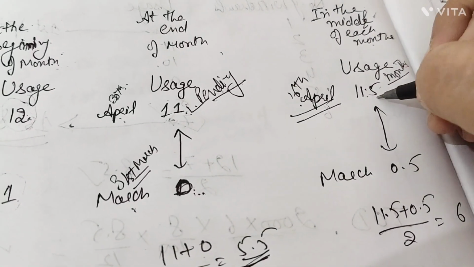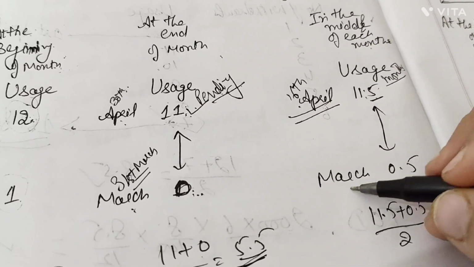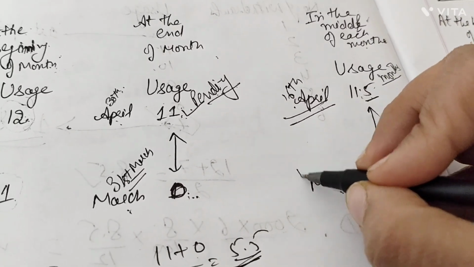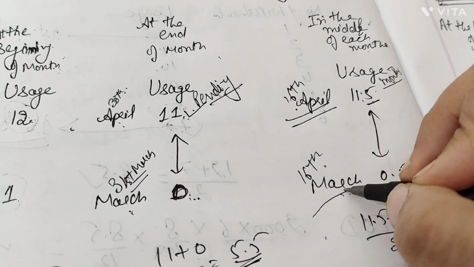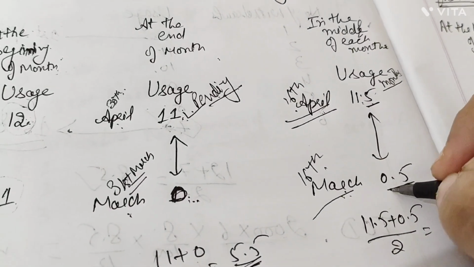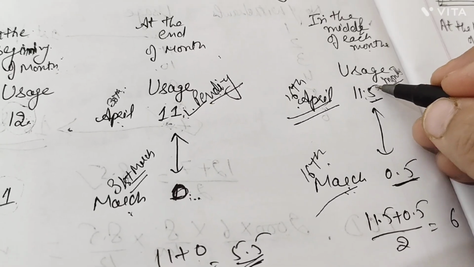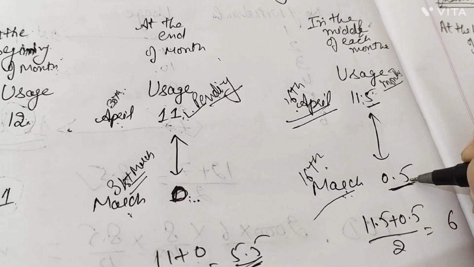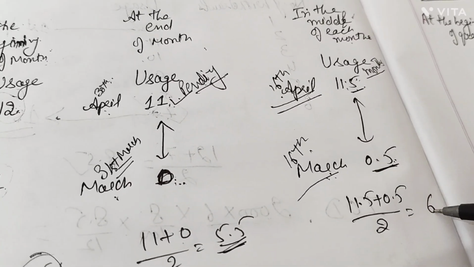That is 11.5 months. 0.5 denotes half a month. And for the last withdrawal on 16th of March or 15th of March, how many months are left? That is only 0.5.